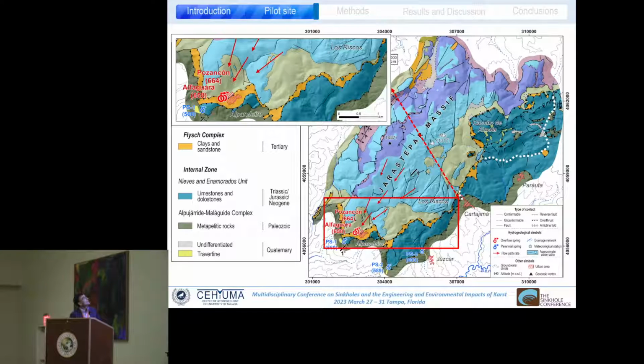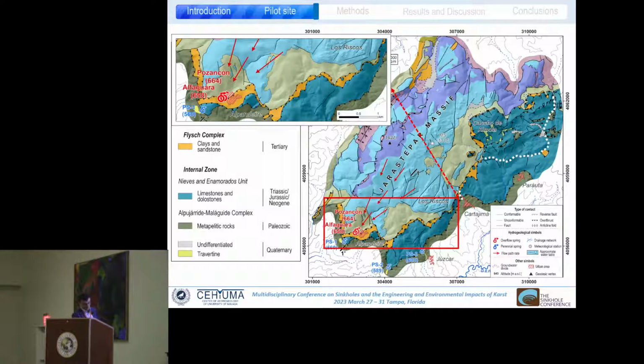northward of this other spring, the so-called permanent spring. Alfaguara is an Arabic name that means karst spring. This means a really rapid variation in flow rate. This means Alfaguara. And Pozancón is like a big well, obviously a natural well.